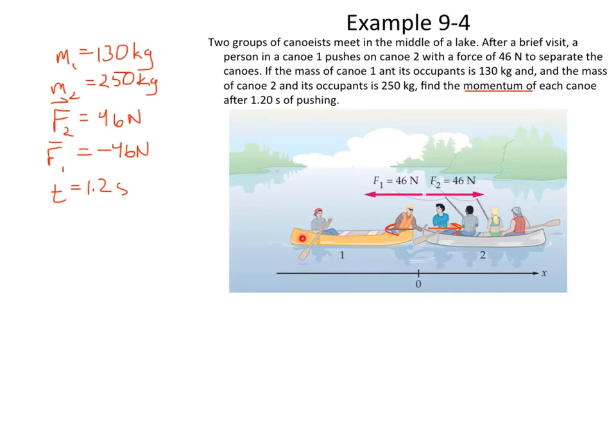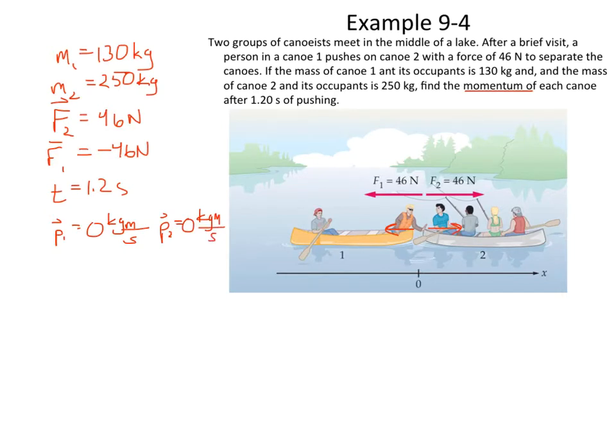If you have a final momentum, you have an initial momentum. All right, what's the initial momentum of these canoes? Well, they're just sitting there, right? They're not doing anything at all. So the momentum for 1 is going to be 0 kilogram meters per second, as is momentum 2, 0 kilogram meters per second.